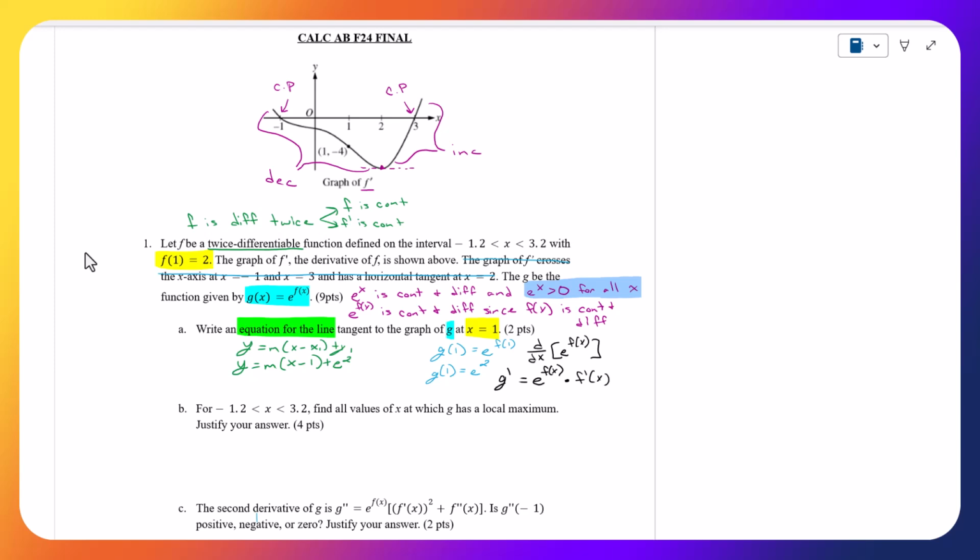I like this color. That right there is 1 point. One of the 2 points was from finding the derivative. And the second point, actually, I'm sorry, I take it back. We haven't finished yet.